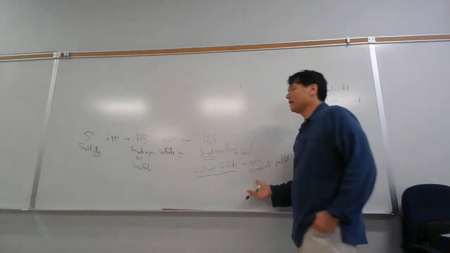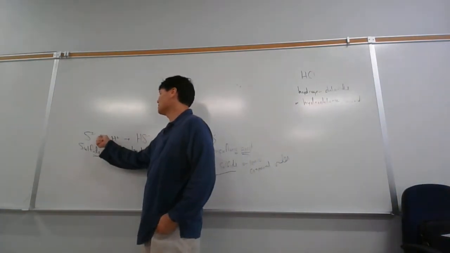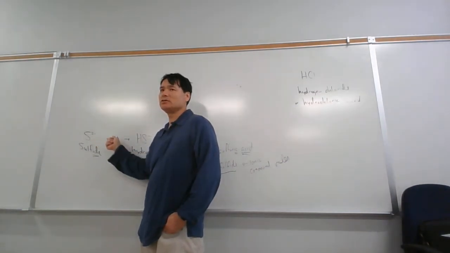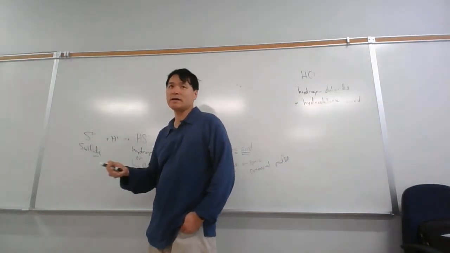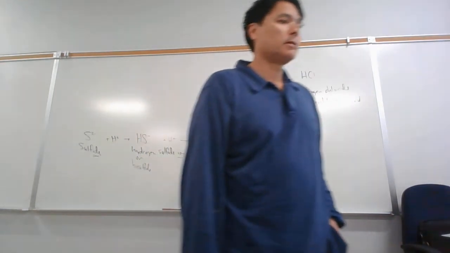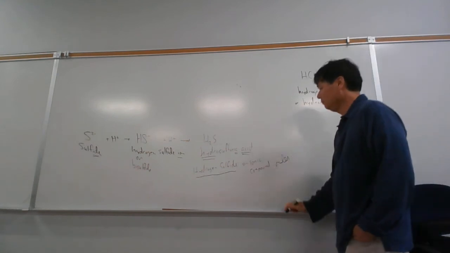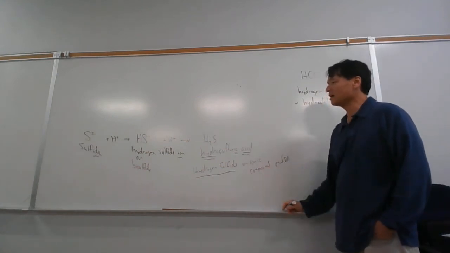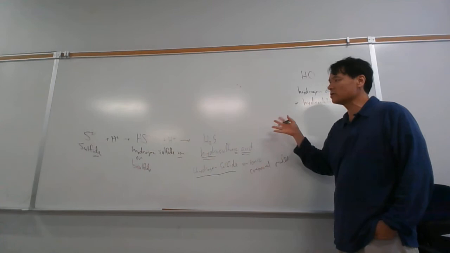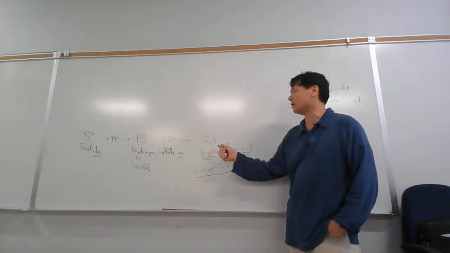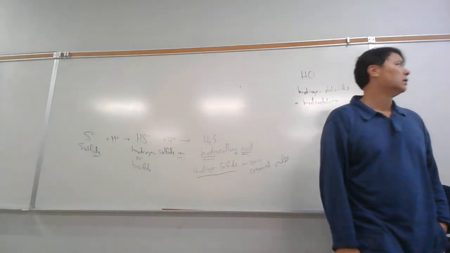The reason is that we can figure out how many H pluses we need to neutralize this. Sulfide is 2 minus, so we need 2 H pluses, so it's got to be H2S. And so for these, we use the ionic compound rules. In ionic compounds, we can figure out the charges, and then we can figure out the ratios in order to get electrical neutrality, which we have to have here.